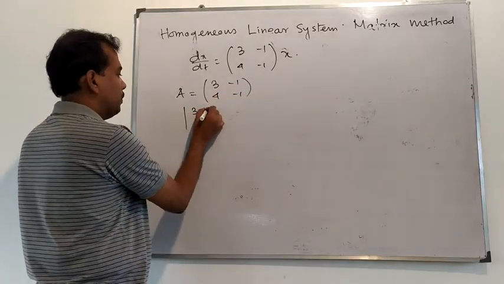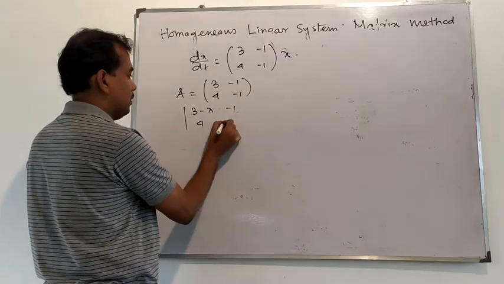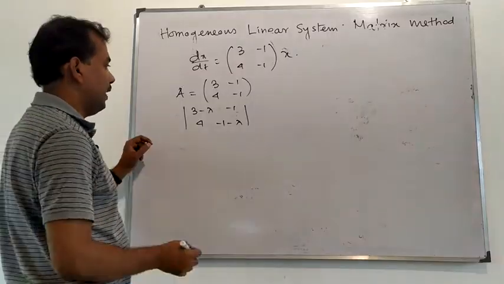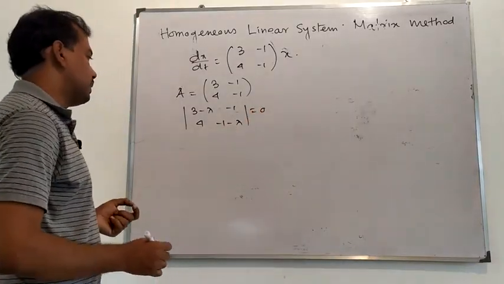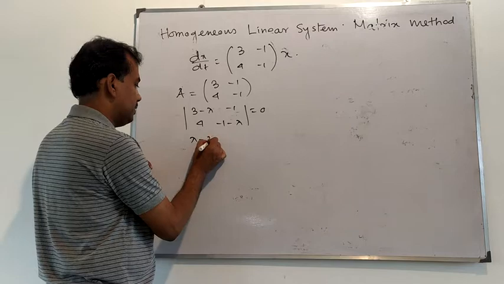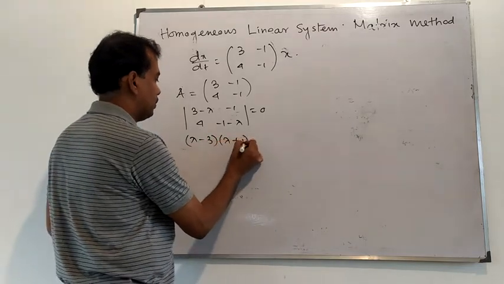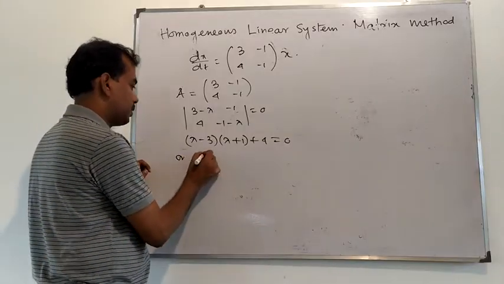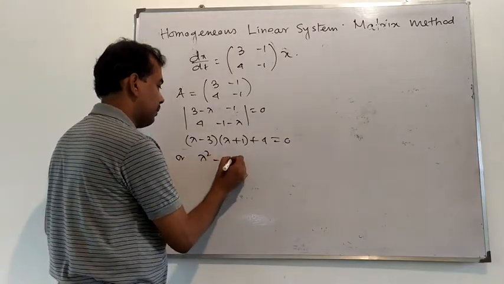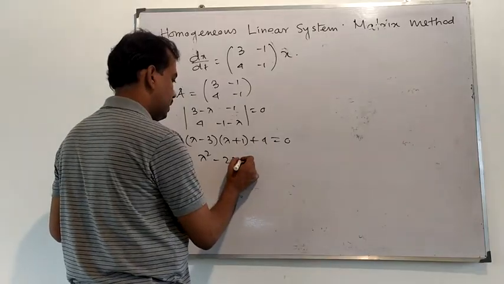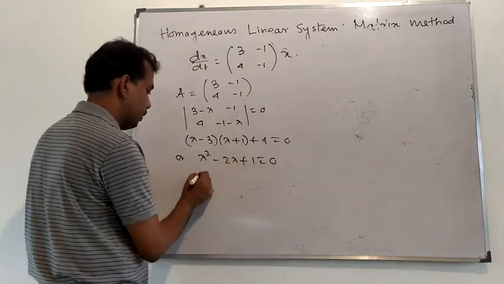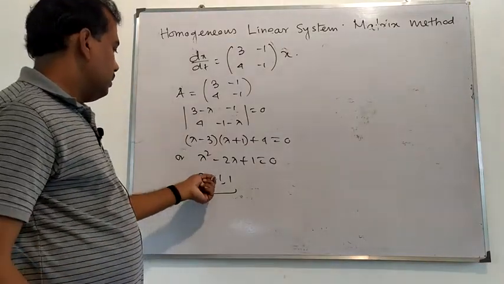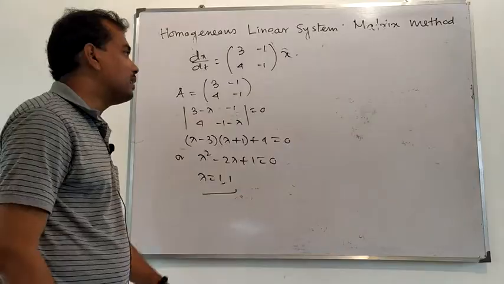So we first find eigenvalues of A, that is, we solve this equation: lambda minus 3 into lambda plus 1 plus 4 is equal to 0. So lambda square minus 2 lambda minus 3 plus 4, that is plus 1, equal to 0. So we get two eigenvalues 1, 1, and both are equal.